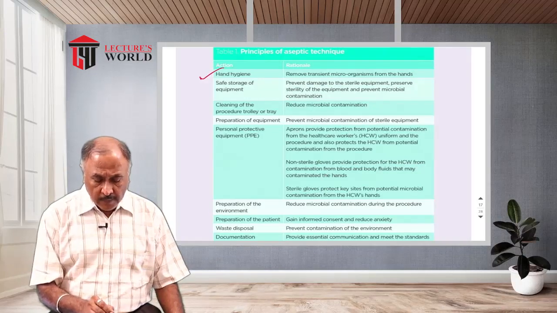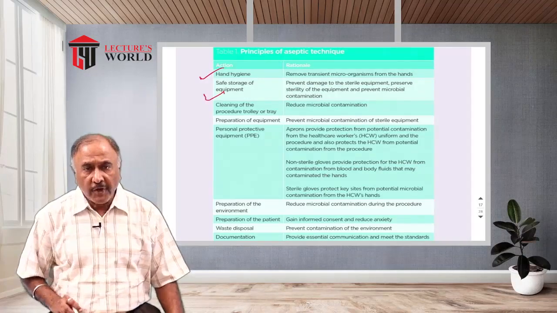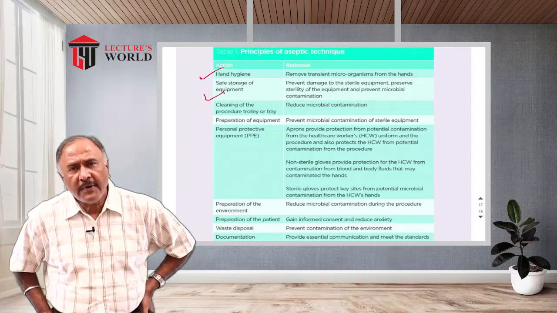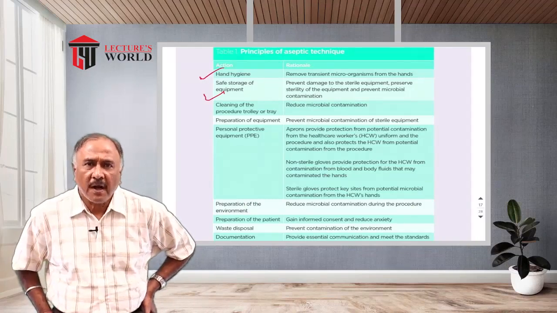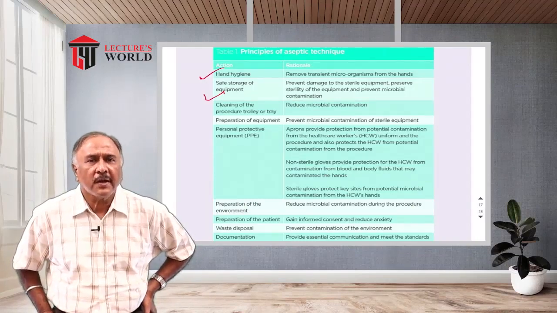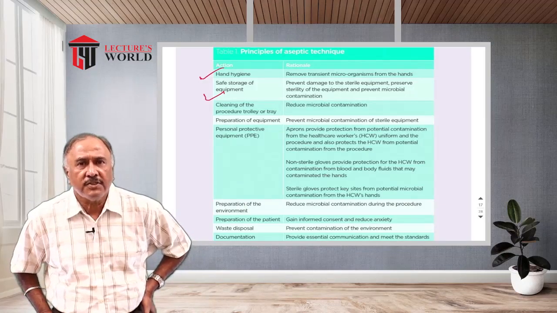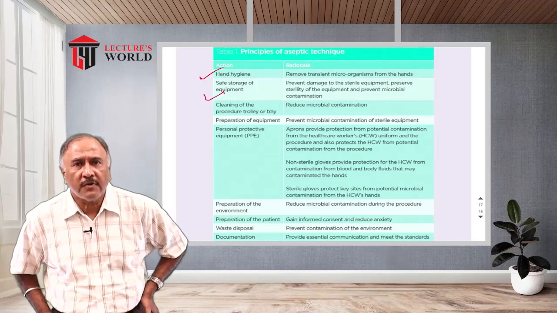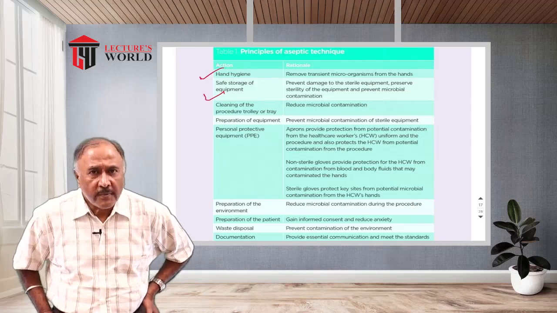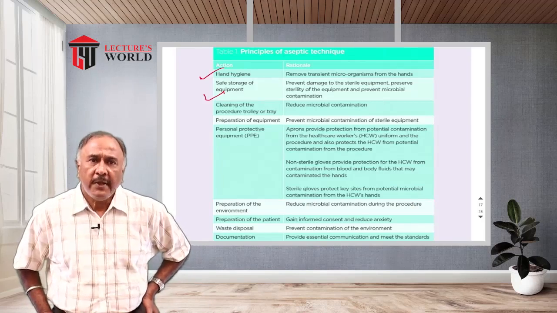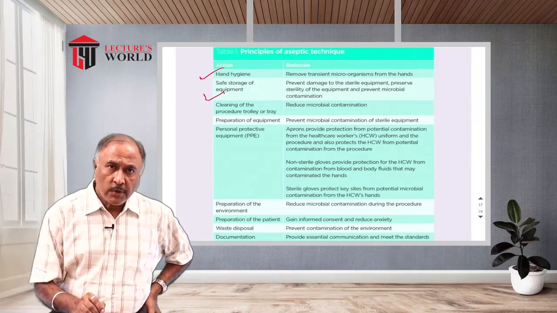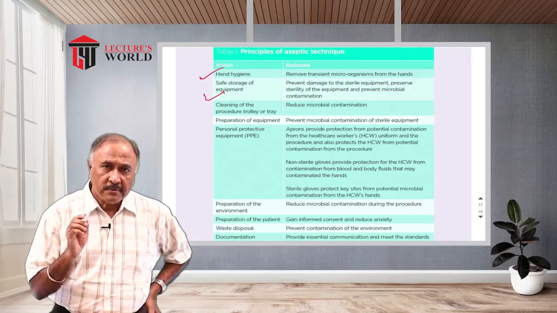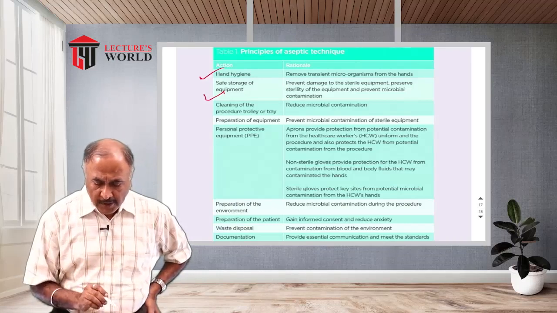Second, safe storage of equipments. The equipments including scalpel, needles, or any other large instruments which are used for surgery or for examination of a patient should be cleaned and stored properly.